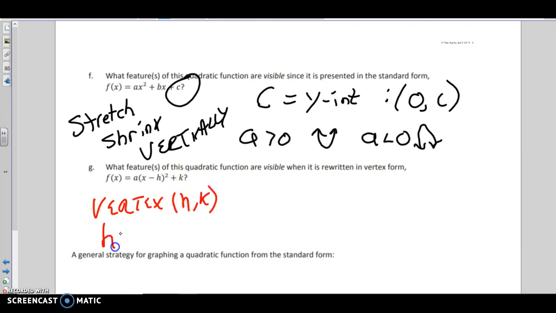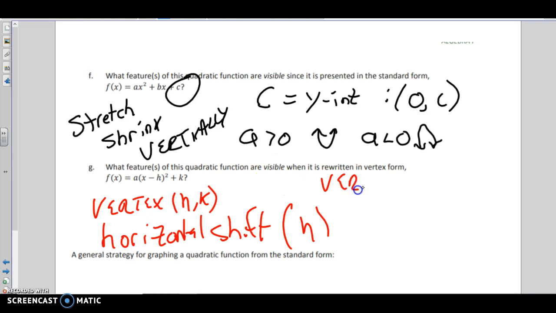It shows me the horizontal shift, which is h, the vertical shift, which is k, as well as the same thing the standard form told us about a in terms of a vertical stretch or shrink. So each form tells us a little something different. So in conjunction, they tell us a lot about what's actually going on in the situation.